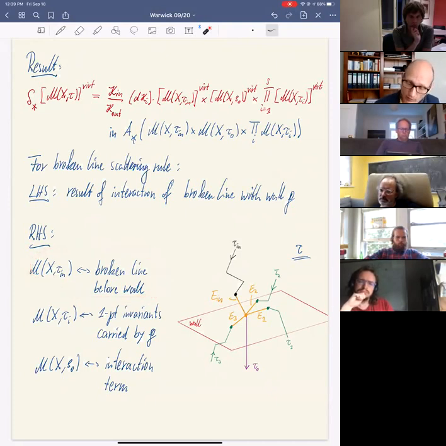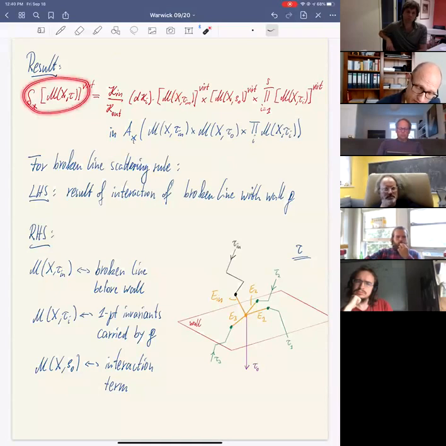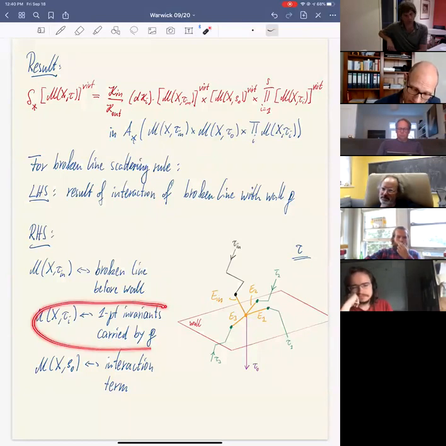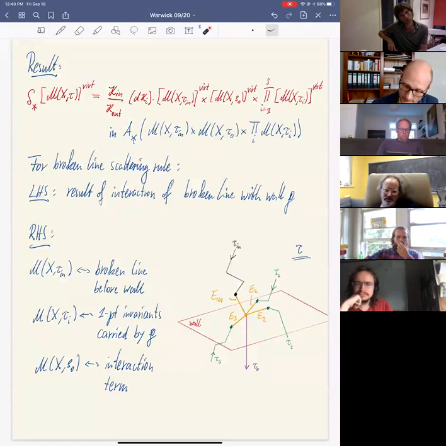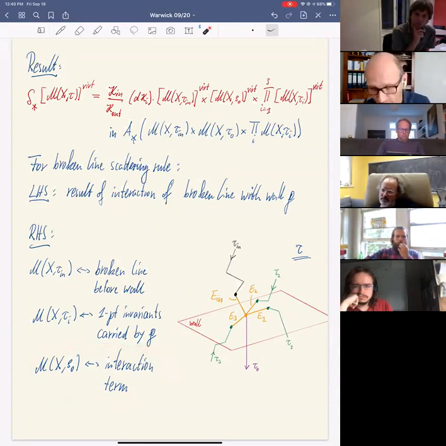So you sum over all these configurations, you sum over all incoming walls, or you fix an incoming wall, then this is fixed, and you look at what is contributing to the outgoing thing. And then the m of x tau i is the stuff living on the wall, these 1-point invariants carried by this wall P. And then there's this one interesting thing, which is the m of x rho 0, which is the interaction term. I call it the interaction term. So we have to compute this interaction term.